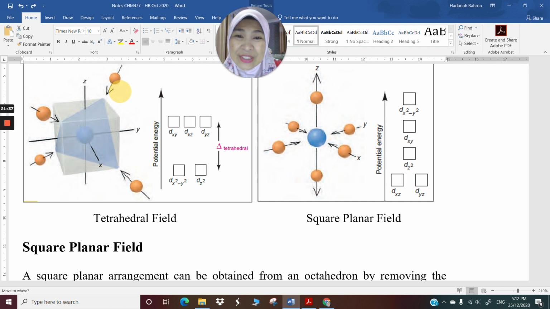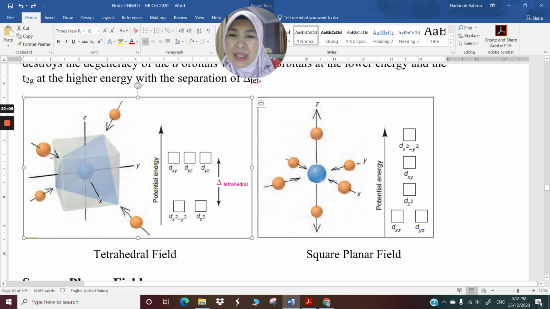So for the tetrahedral case, your T2g is repelled more than your Eg orbitals. That is why your Eg orbitals are down here, whereas your T2g orbitals are up here. Yes, the reverse is true for tetrahedral when you compare to octahedral.